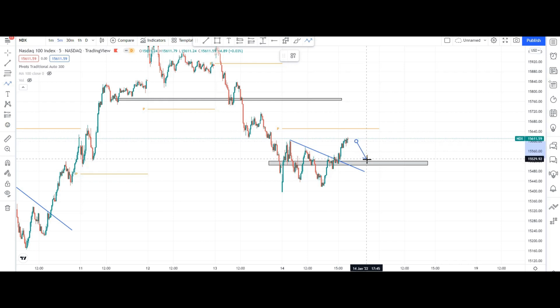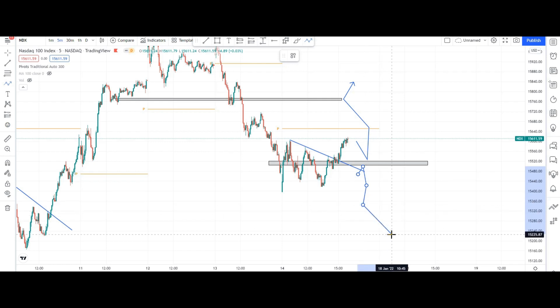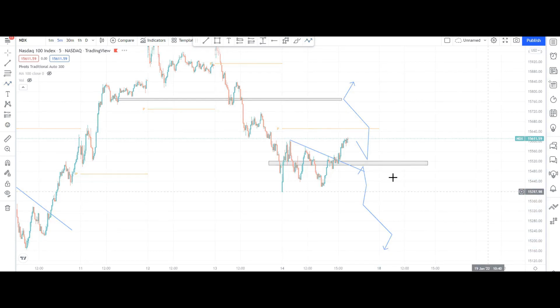If it comes once again and takes support here, your first target, your second target, and your third target. Okay guys, in the downside too we can discuss that if it opens gap down or takes resistance, this is a major supporting area. First target will be here, your second target, third target, and your fourth target. Okay guys, these are the four targets you can go for in Nasdaq.